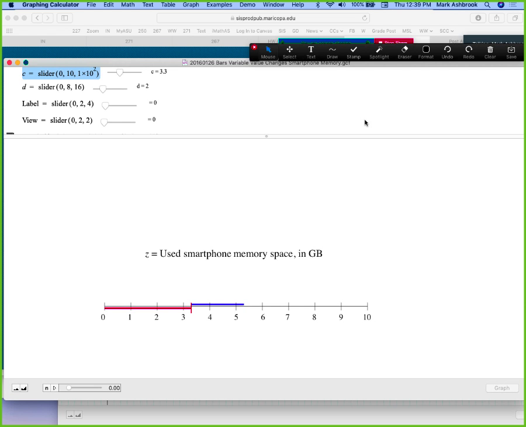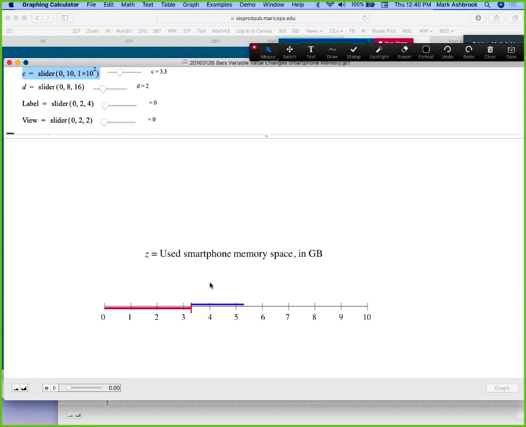So, better than nothing, right? All right, so we got this 10 gig smartphone. I'm going to let the variable z be used memory on the smartphone in gigabytes. Okay? So I have an illustration here. I have a didactic object. And I want to ask you, what might I be showing in this image?